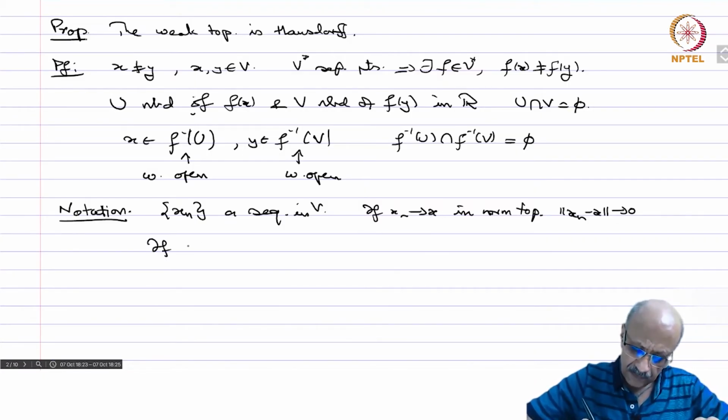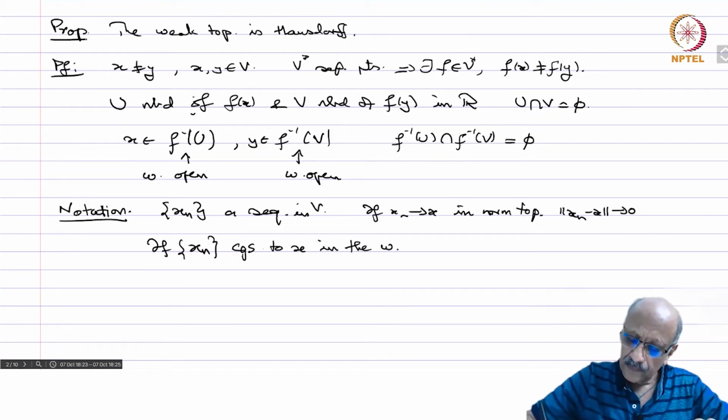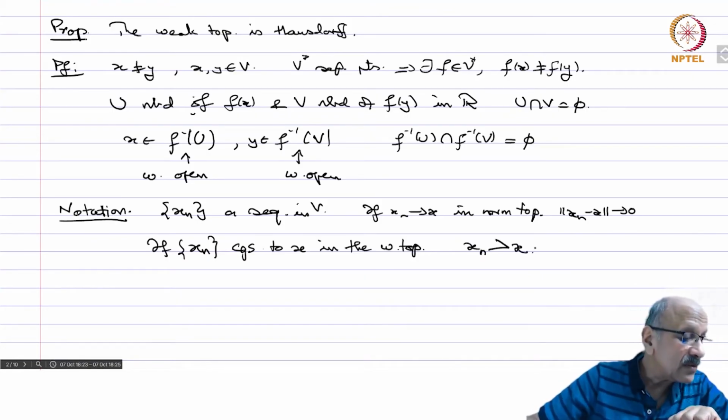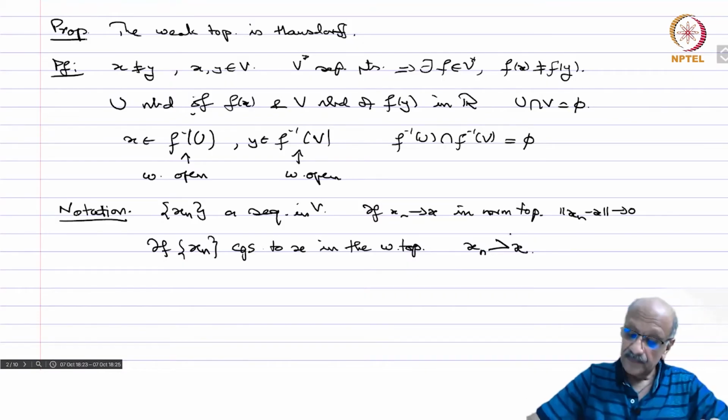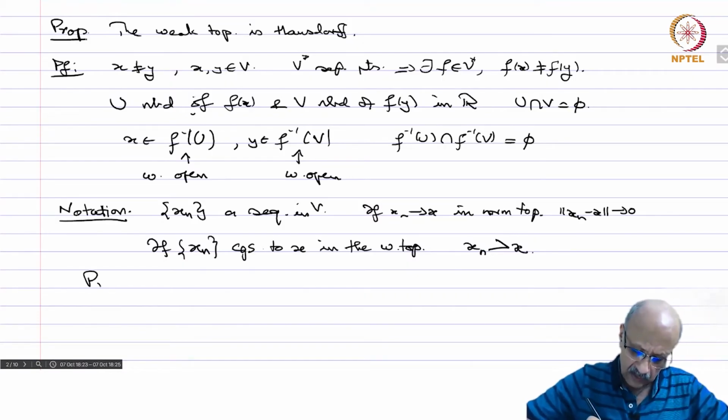If x_n converges to x in the weak topology, so we call it weakly convergent, then we write x_n ⇀ x with a half arrow like this. x_n weakly converges to x.